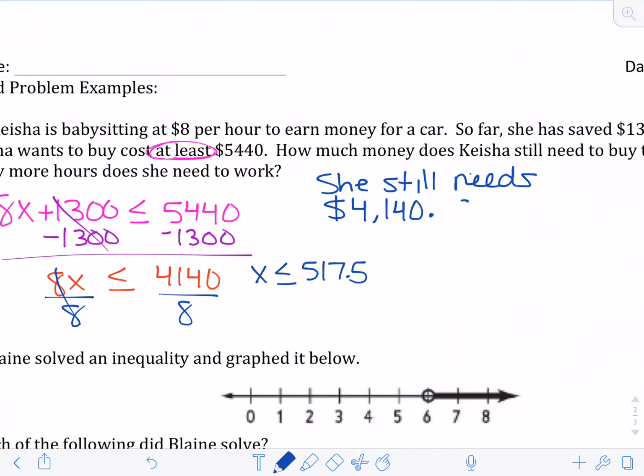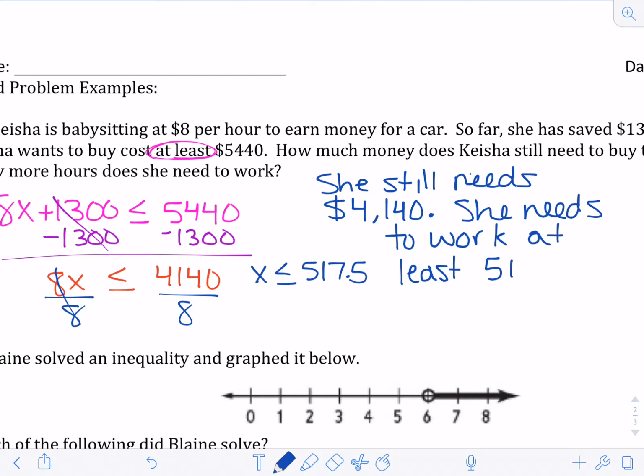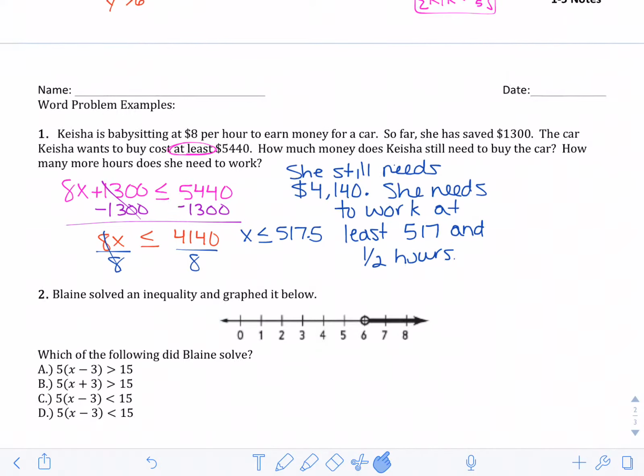So to earn that, she needs to work at least 517 and a half hours. So 517 hours and 30 minutes she would have to work.